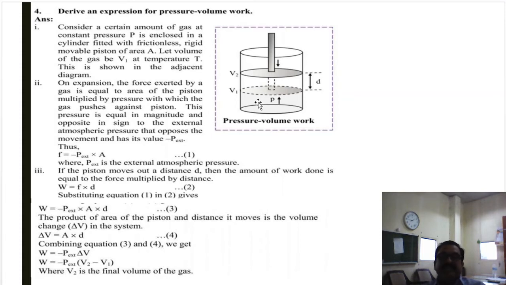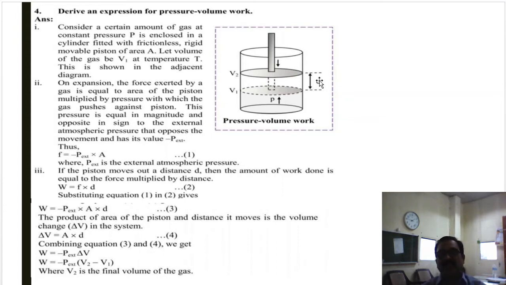On expansion, this piston moves in the upward direction, so this distance is a small d. We all know that force is given by external pressure multiplied by area, that is, F is equal to minus P external into A. If a piston moves a distance d, then the amount of work done is force multiplied by distance.